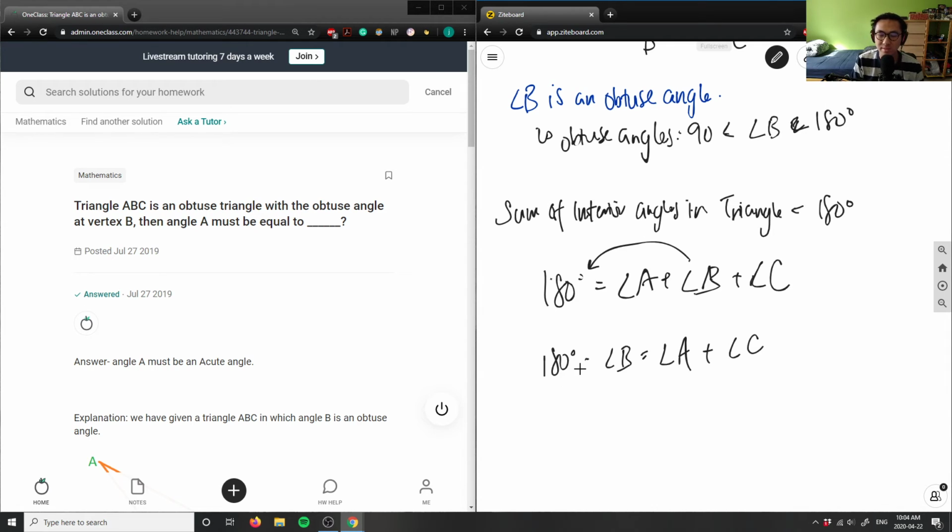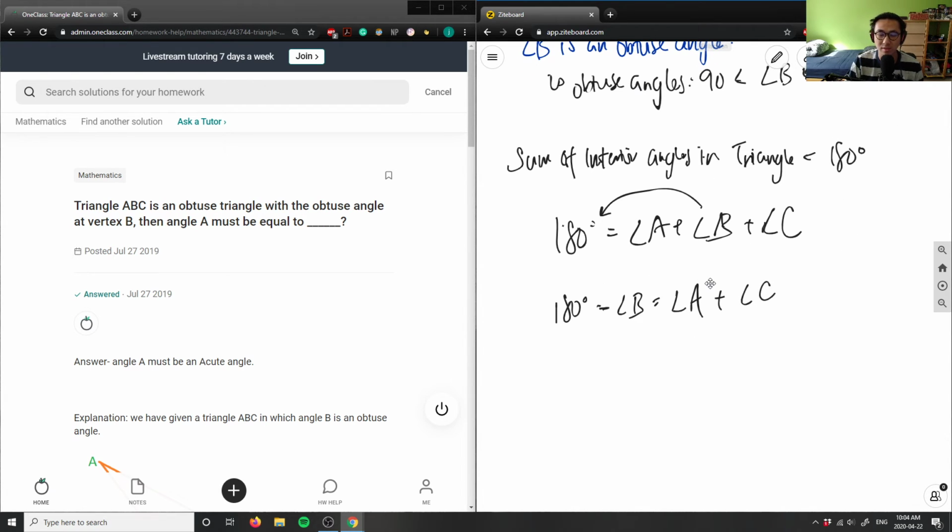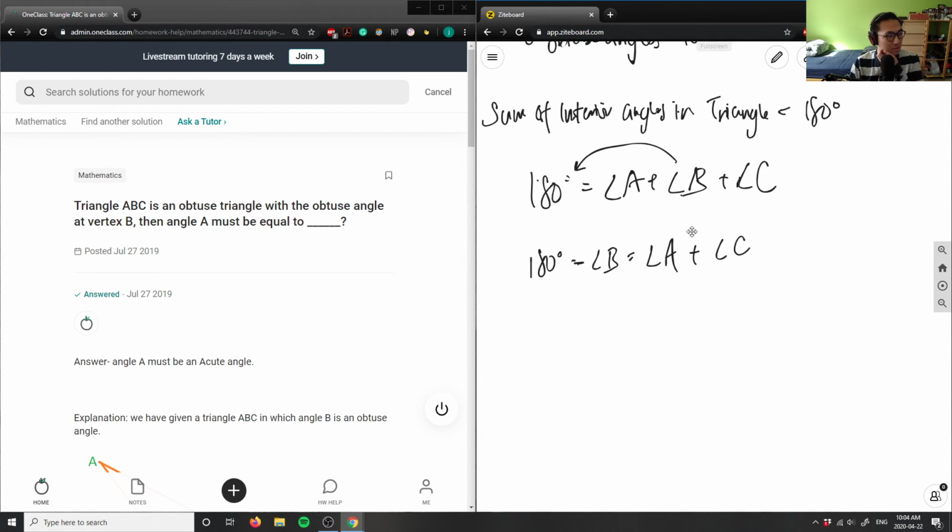We know angle B is between 90 and 180. Let's assume it's 91, because it can't be 90, since that would be a right angle. So it's anywhere from 90 to 180 here. In this case, the value on the left goes below 90.